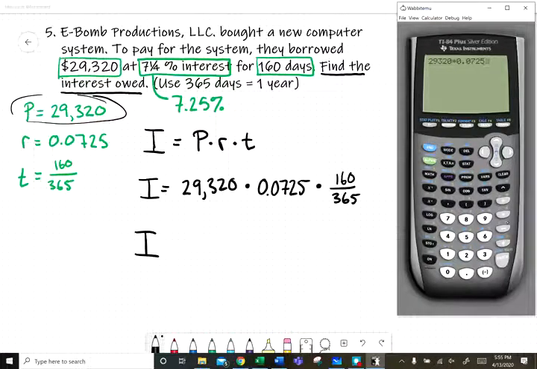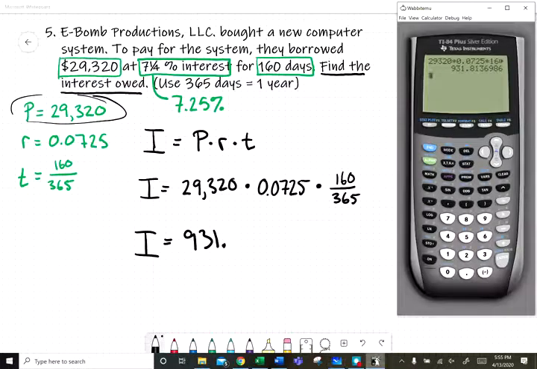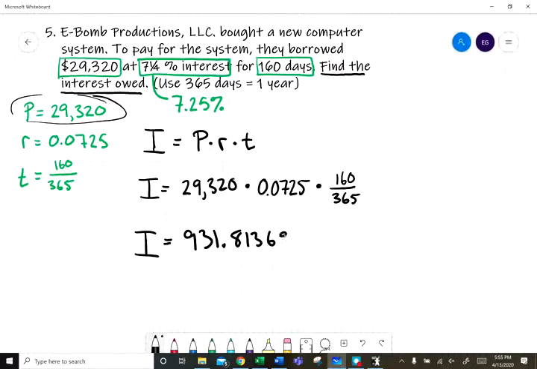Remember, fraction means division, so that's times 160 divided by 365. Okay, so that's 931.8136986. Okay, so that's what the calculator is telling us.